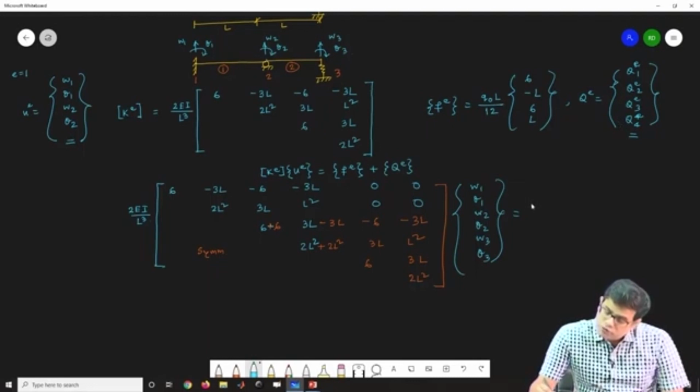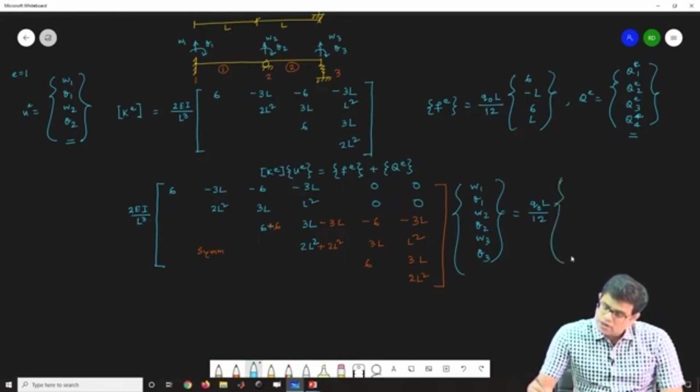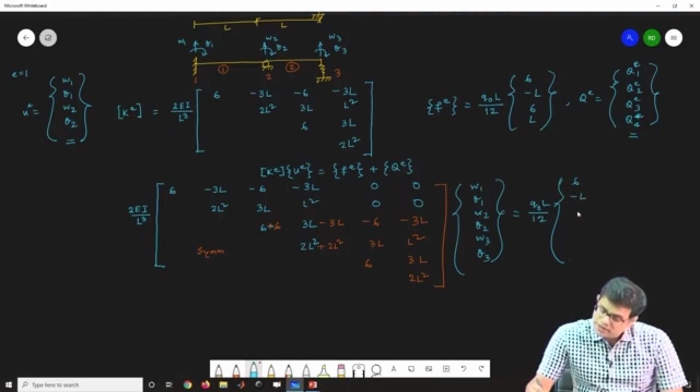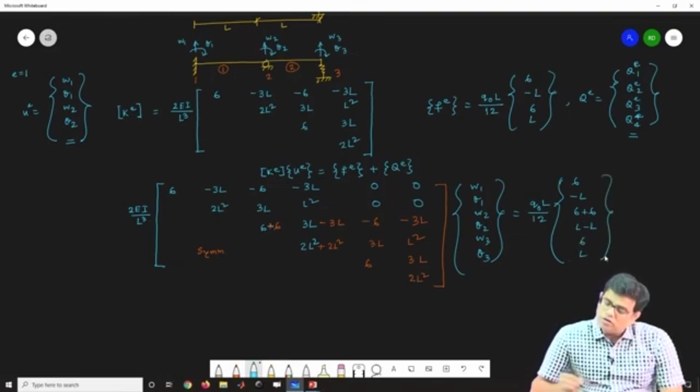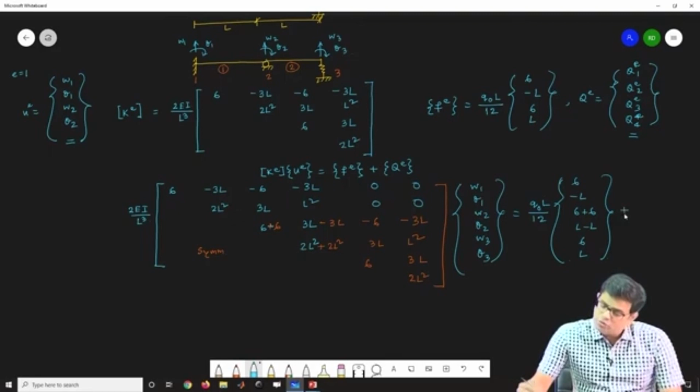So the global force vector, if I take this thing out, Q0L by 12, so let me assemble it from the general assembly. So 6, minus L will be there, then 6 plus 6 will be there, then L minus L will be there, then 6, then L. So this is my global body force vector.